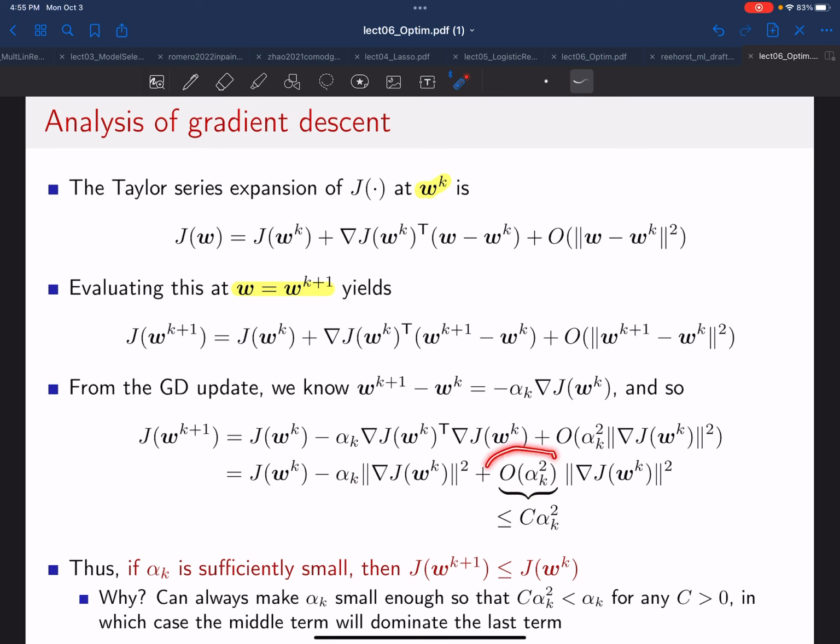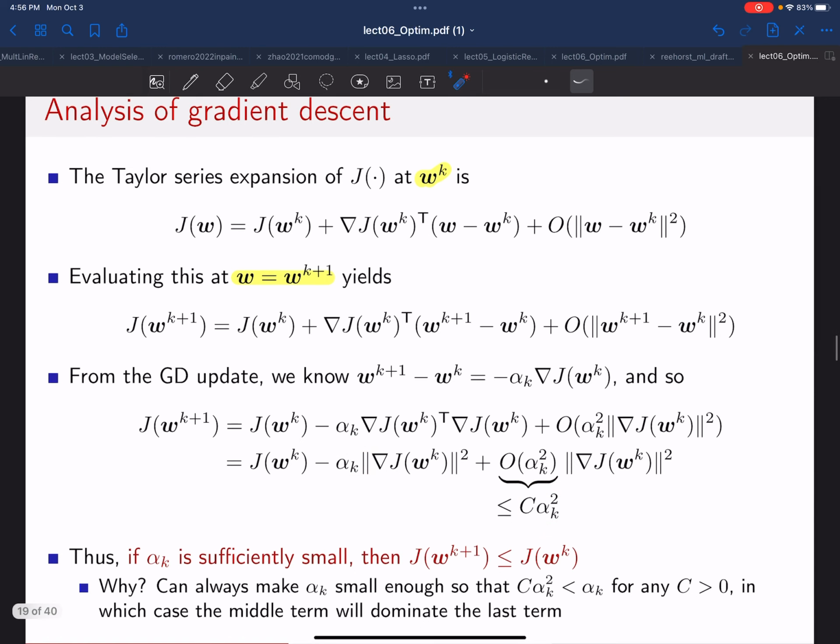Remember that what we mean by this order alpha squared is that for small enough alpha k, this term is upper bounded by some constant c times alpha k squared. We don't exactly know what that number c is, but there is a number that exists. And so finally, when you look at this, you have really two different terms multiplying this norm squared. You have c times alpha k squared and minus alpha k.